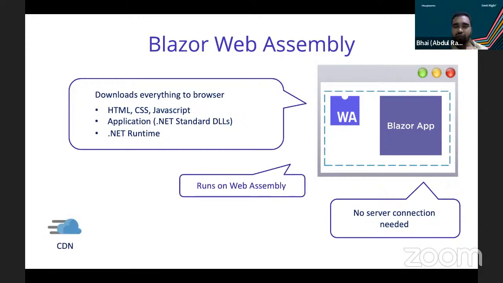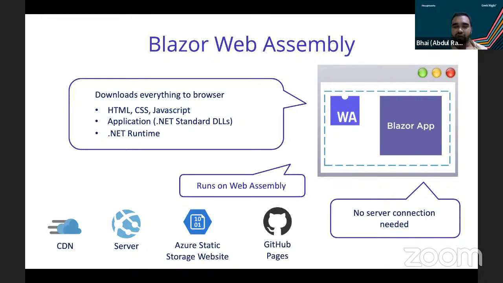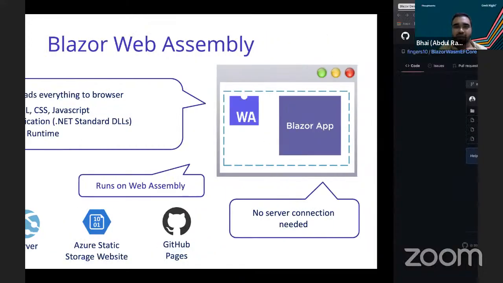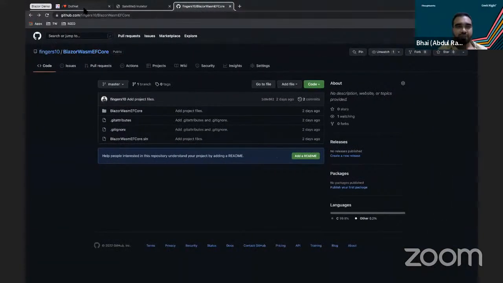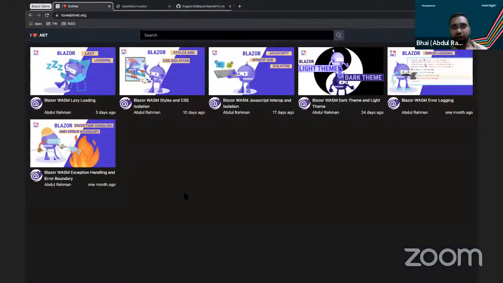It can also be statically hosted on CDNs, or we can use servers to host a WebAssembly project, or we can use Azure static storage sites, or go with GitHub Pages. GitHub Pages is a cool thing which is highly available, and it is free to get started. You can see here ilove.net.org. It is hosted using GitHub Pages, and it is completely built using Blazor WebAssembly.